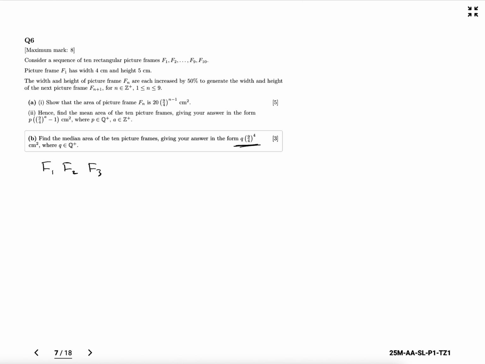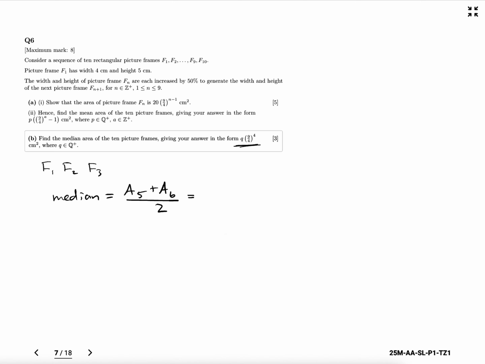So the median is going to be the mean area of F5 and F6, because the middle is going to be between F5 and F6. So the median is actually going to be A5 plus A6 divided by 2, because when you have two numbers in the middle, you take the mean of those two.